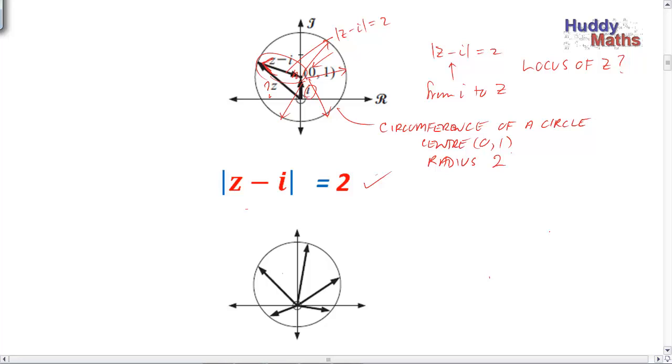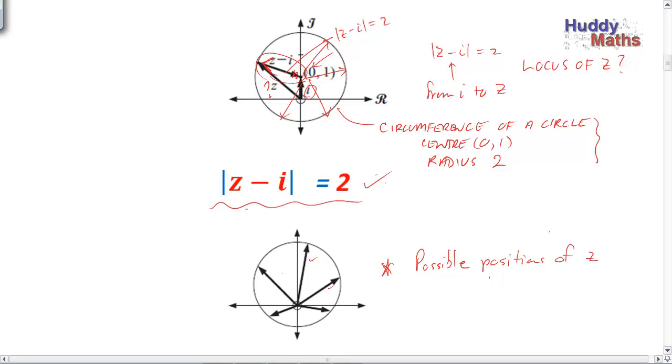Do you get it? When you draw these diagrams, I want you also to make this comment, so that if your diagram's a bit wonky or not clear, it can still explain what you meant. So this is what it looks like down here. These are the possible positions of z, the whole circle, not just these individual ones, given the statement that the length of z − i is 2.